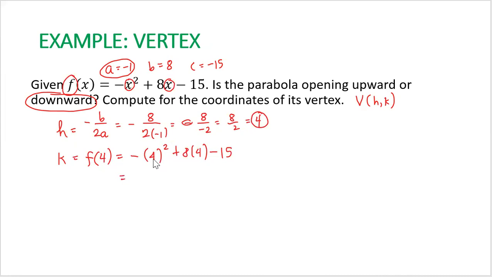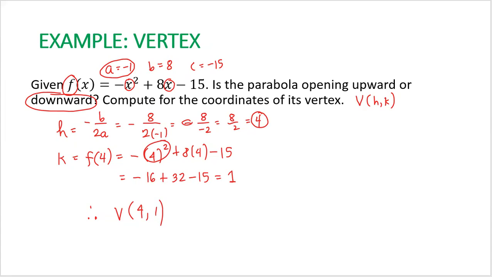Simplifying, negative of 4 squared is negative 16, plus 8 times 4 is 32, and then minus 15. So simplifying this, we get positive 1. Therefore, the vertex is V with coordinates h comma k, which is 4 comma 1.